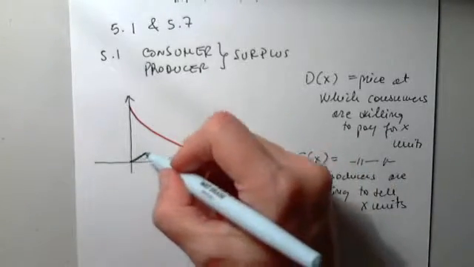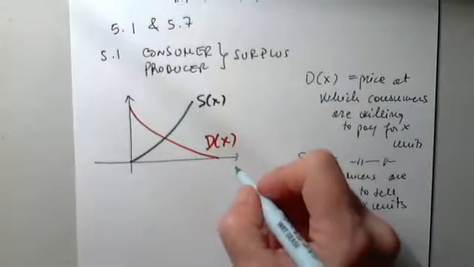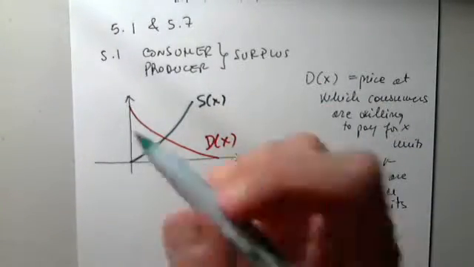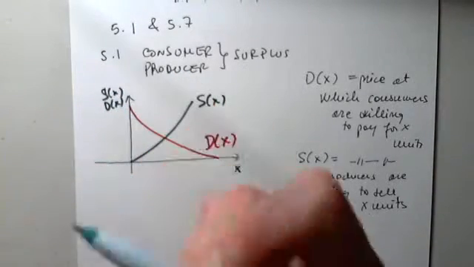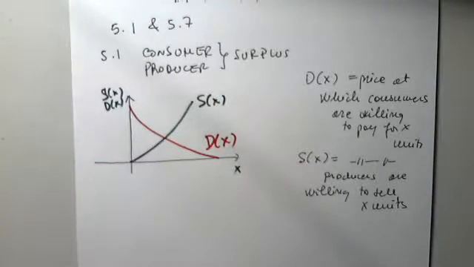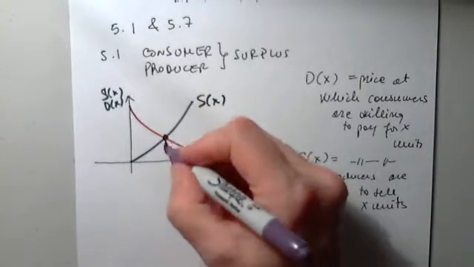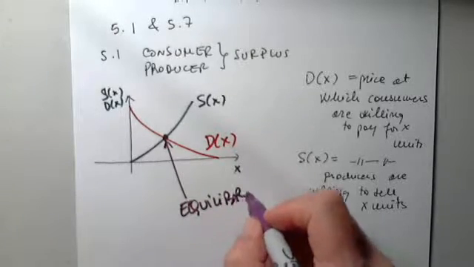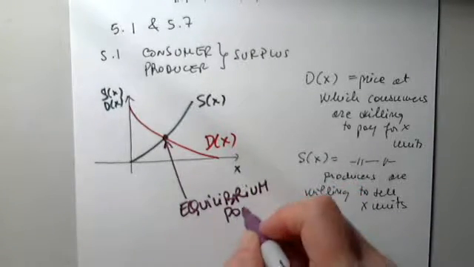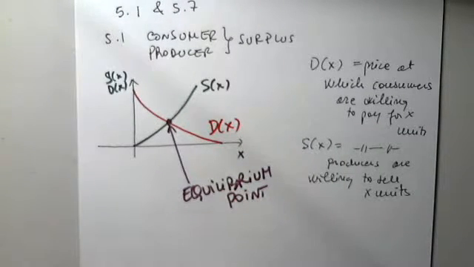Let's say it's this function. This particular point where they intersect is called the equilibrium point, where everybody's happy.